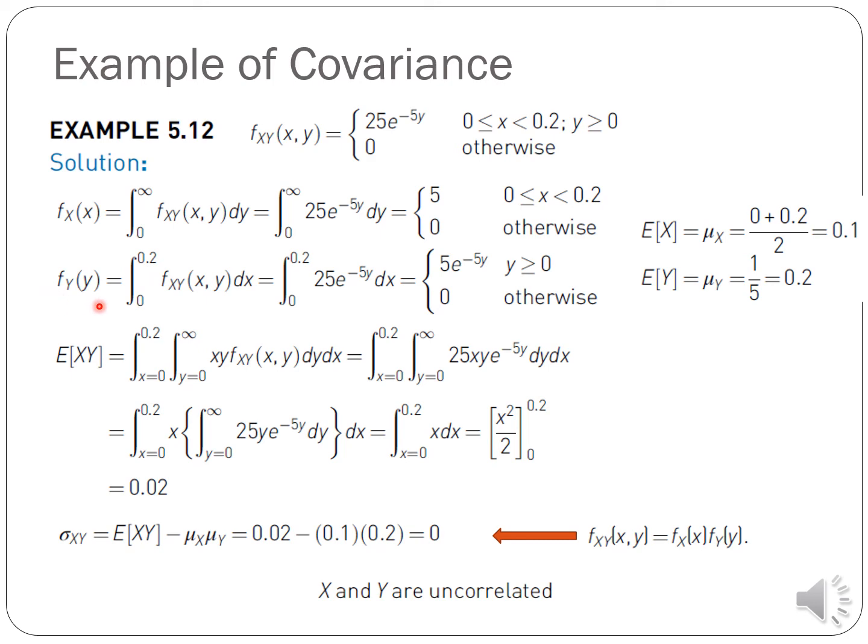When we already found the marginal PDF fx and fy, you can see that if we multiply this with this, we are getting the joint PDF. So when we can show that this equation is satisfied, we can directly say that x and y are independent. If they are independent, the covariance should be equal to 0, and x and y are uncorrelated. We can come to this conclusion directly.